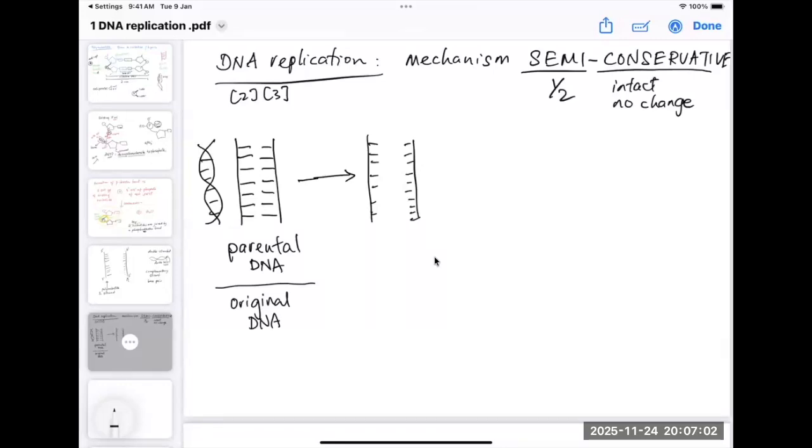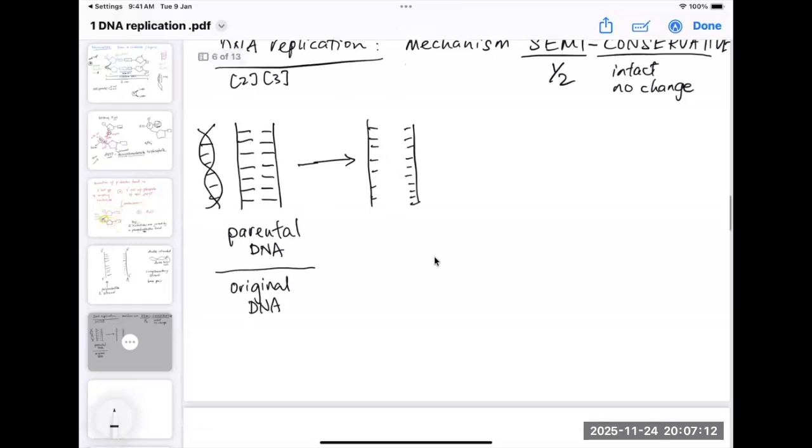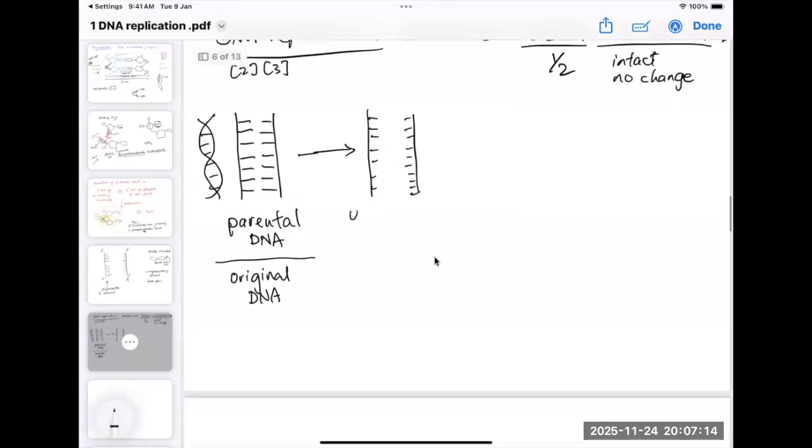Split. Before it splits, if it's twisted, you have to unwind. These two words have different meanings. Unwind means you straighten it. From the helix, you straighten it.